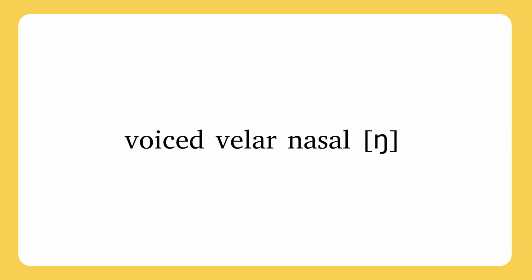Phonetically, it represents the voiced velar nasal, a nasal sound produced by raising the back of the tongue against the soft palate, or velum, allowing air to pass through the nose while the vocal cords vibrate.